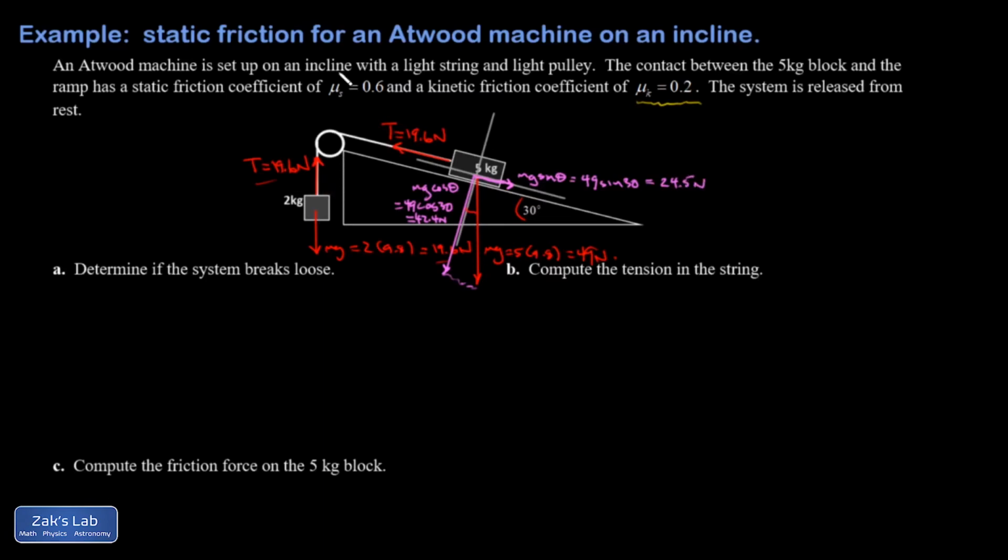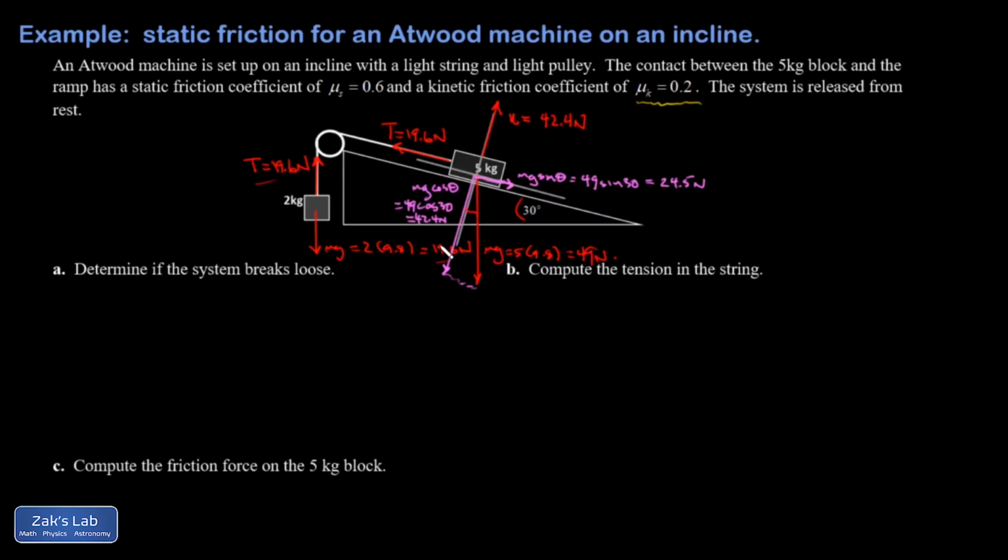And then I've got a normal force pointing up. There's no other forces messing around with this perpendicular direction, and my mass is constrained to the surface of the ramp, so there better not be any acceleration happening perpendicular. N has got to be equal to 42.4 newtons to cancel out that perpendicular component of gravity.